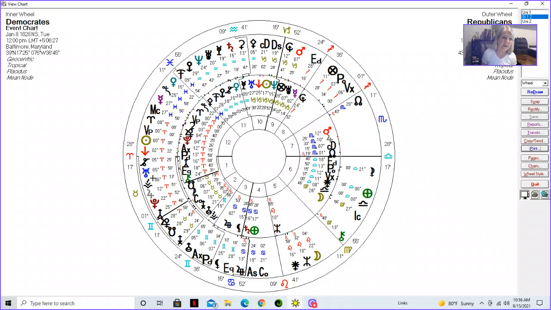It also means that the Republicans as a party, though it's about 5, almost 6 degrees away, there is a conjunction, though not a strong one, between Uranus and the sun of the Republican Party, which indicates that they are people who enjoy upsetting apple carts.